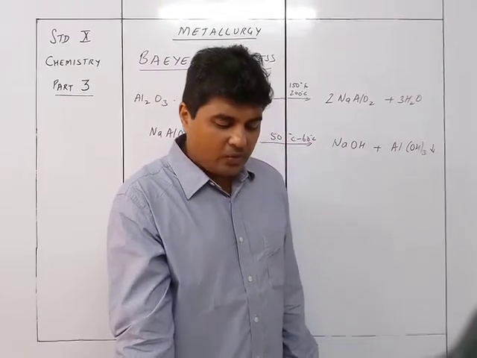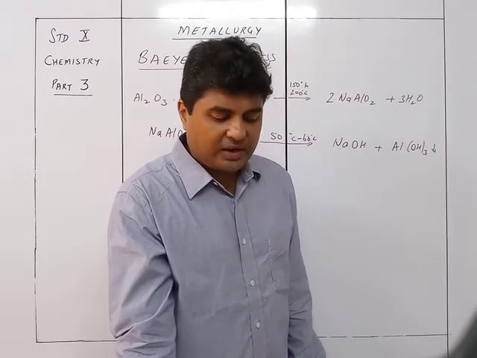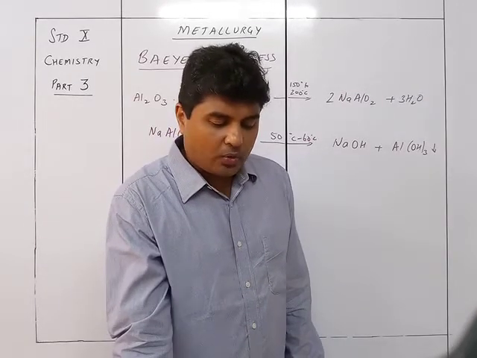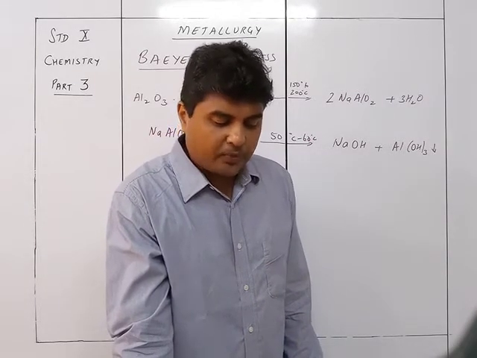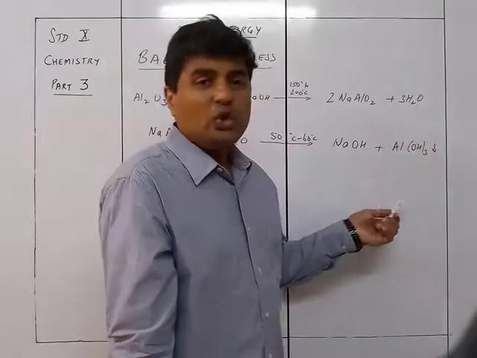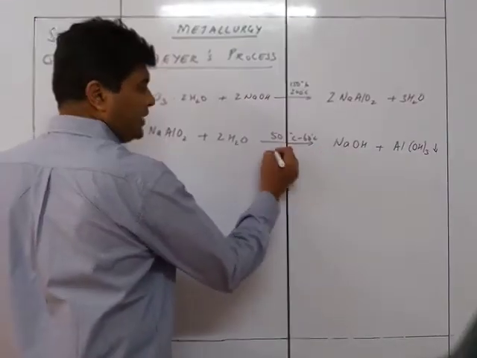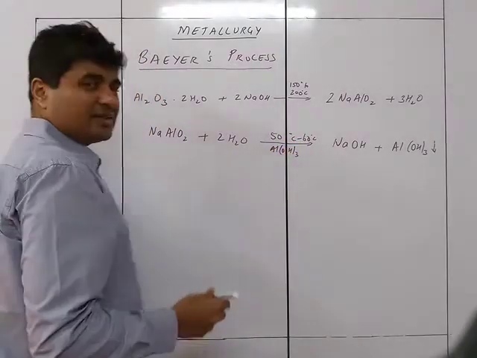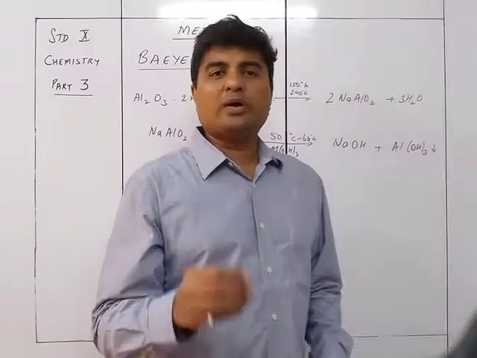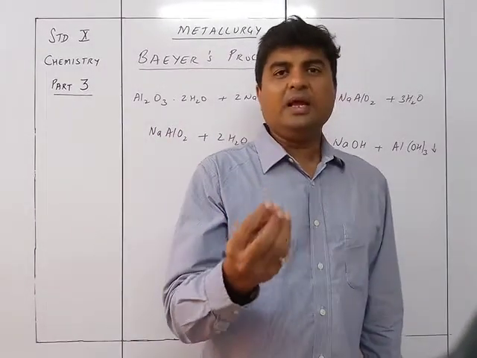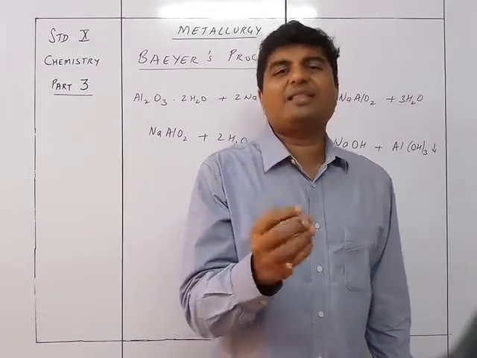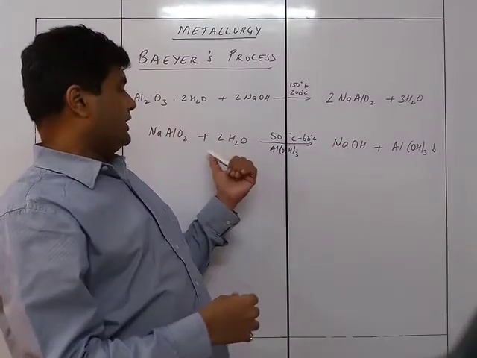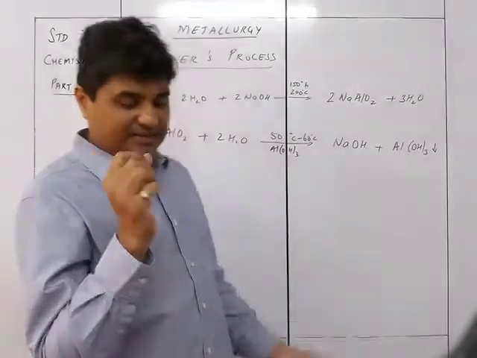NaAlO2 is diluted with water and crystals of Al(OH)3 are added to it to further precipitate out Al(OH)3, a process called seeding. So here you are using a certain quantity of Al(OH)3 as a seed. Seeding means that to start crystal formation we give it a little push, like a catalyst, which helps produce Al(OH)3 from this solution.